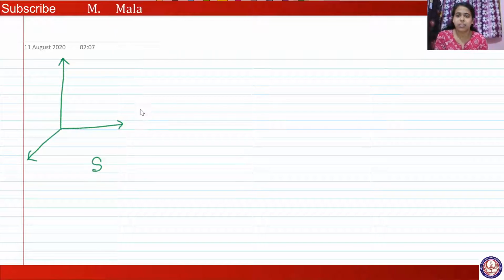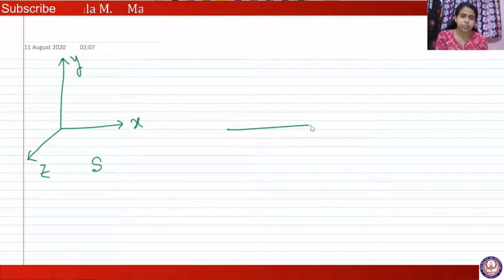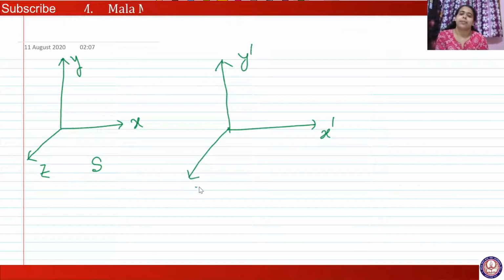This is my S frame, X, Y, Z. This is my X prime. The drawing is not so good. Y prime, Z prime. This is my S prime.